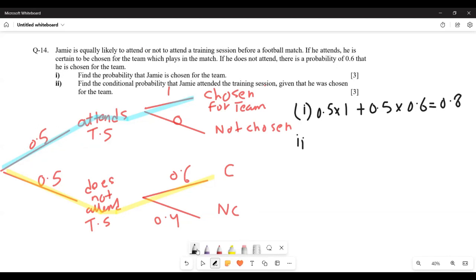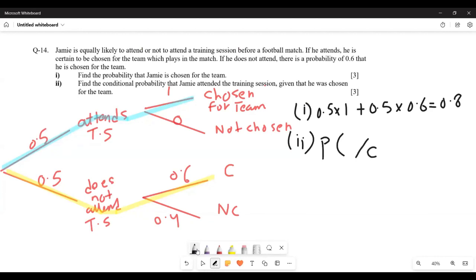Part 2. Find the conditional probability that Jamie attends the training session given that he was chosen for the team. So given chosen, and at the top we're going to write attends training session.